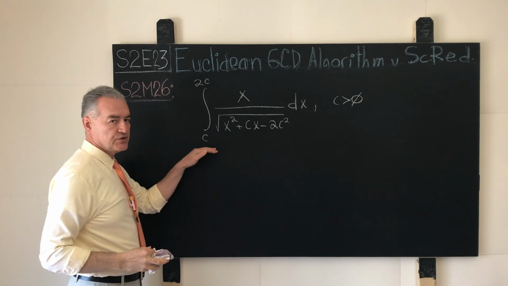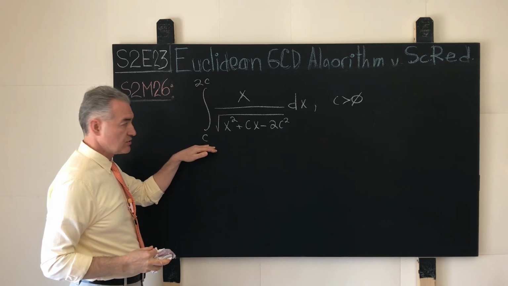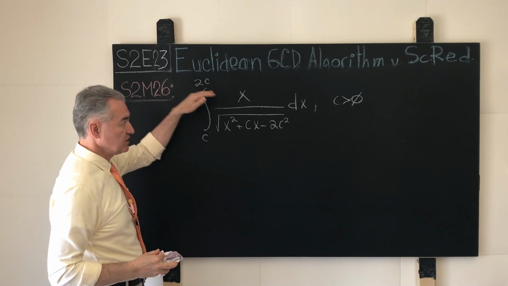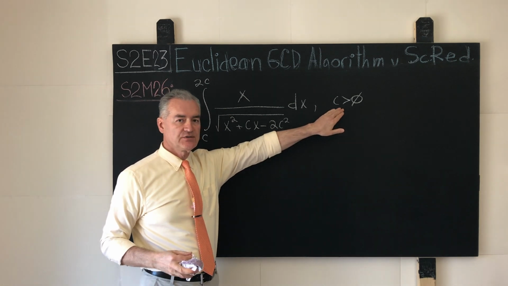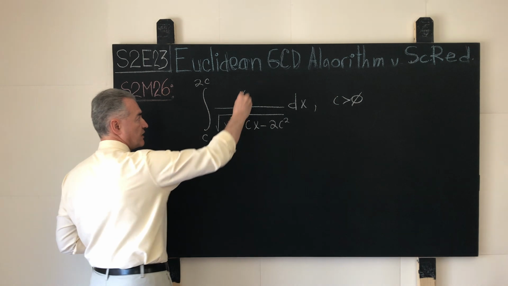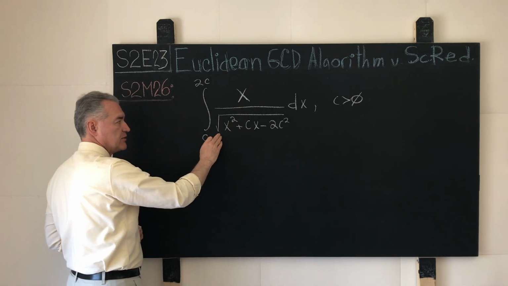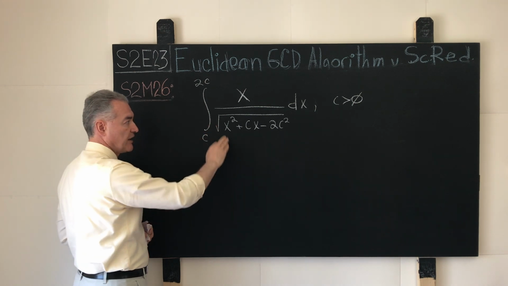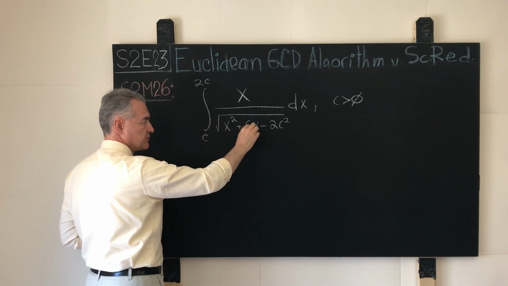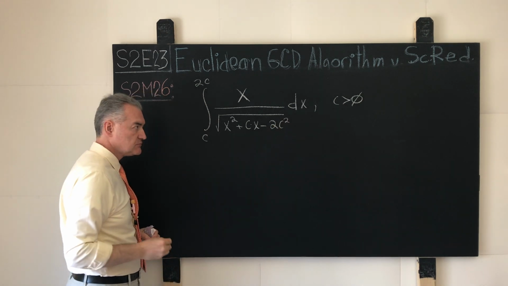Again, in words, the definite integral with the boundaries of integration that run from c to 2c. c is strictly greater than 0, a strictly positive real number. The integrand looks as follows: x in the numerator, and in the denominator we have the square root of x squared plus c times x minus 2c squared.